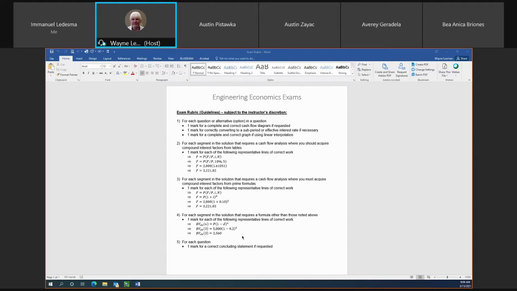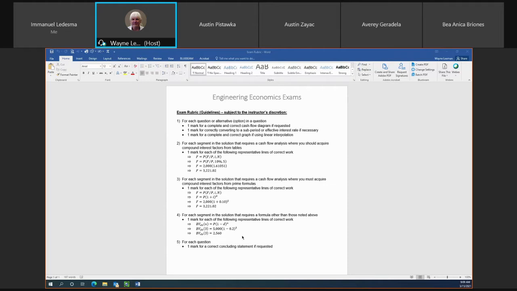And the last one is if you're using linear interpolation in any of your problems where it's allowed, then you would receive 1 mark for an accurate linear interpolation graph. So that's potentially 3 sources of marks there.